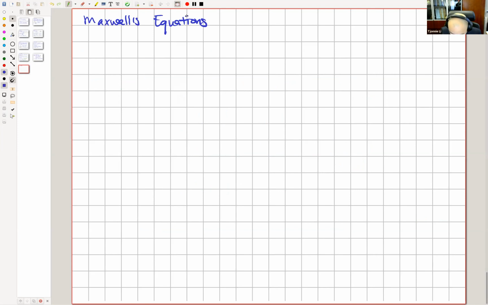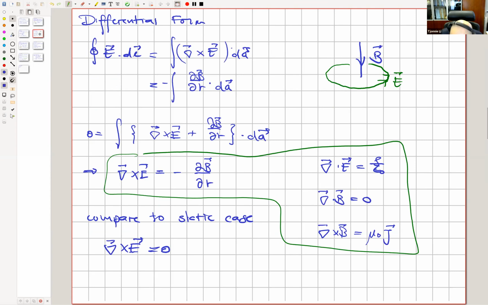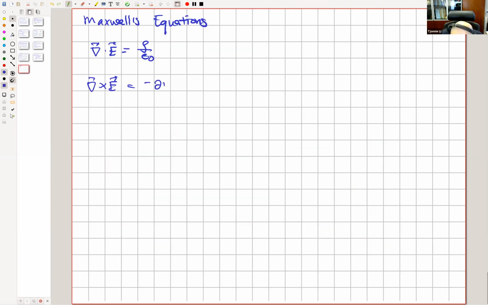In particular, we have the following set of equations. The divergence of E equals rho over epsilon naught. The curl of E equals minus dB by dt, which comes from the slide over here.